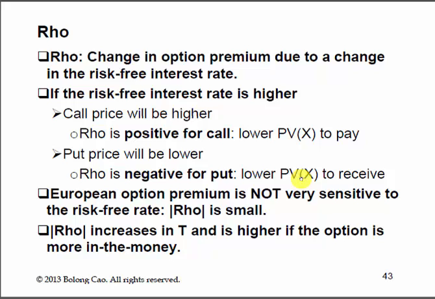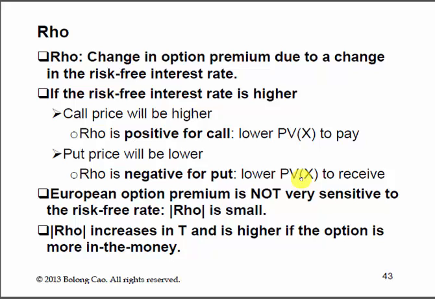For European options, the premium is not very sensitive to the risk-free rate. In other words, rho is small. The absolute value of rho increases in time. Obviously, you need time for the compounding interest to work.